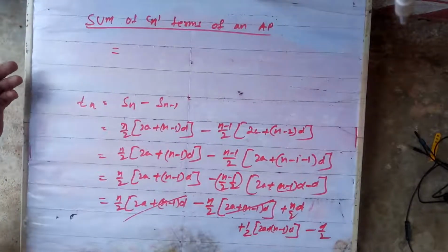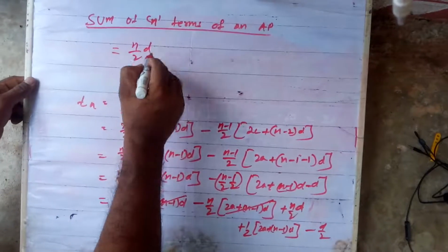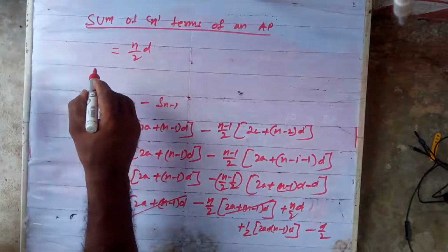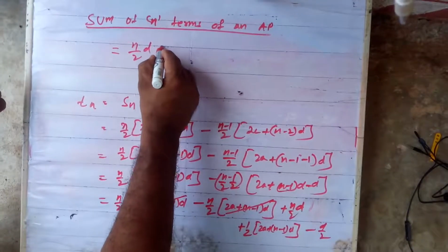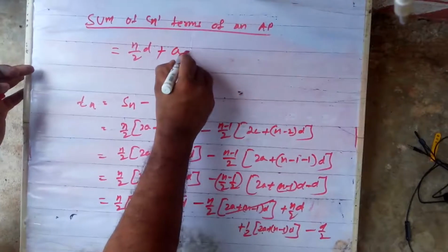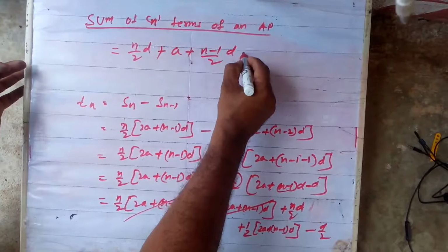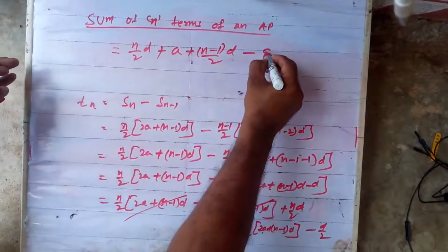So what is left here? Let us write what I have left. N by 2 d, half of 2a which is a, plus n minus 1 by 2 into d, minus d by 2.